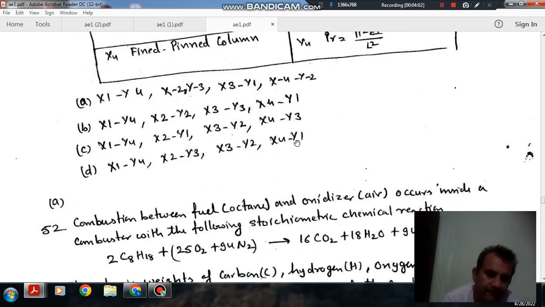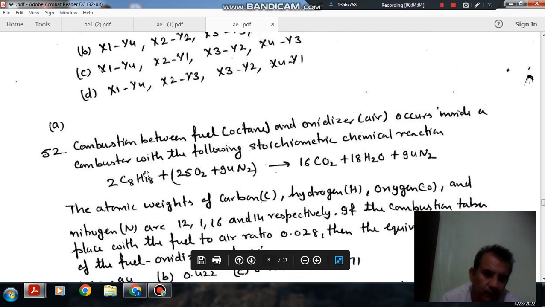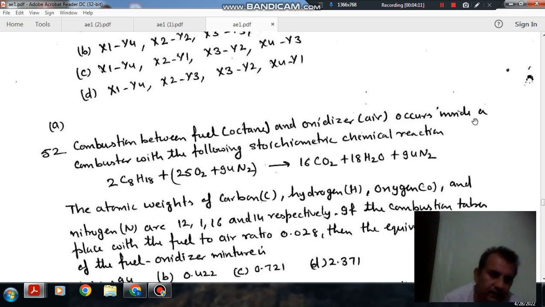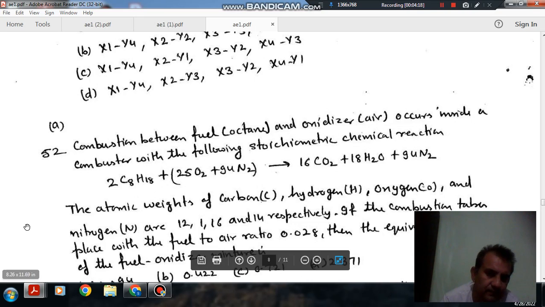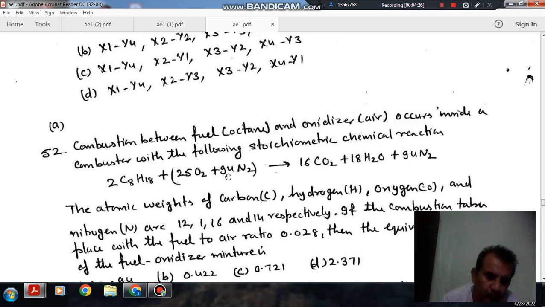Okay. Next, combustion between fuel, octane and oxidizer air occurs inside a combustor with the following stoichiometric chemical reaction: 2C8H18 plus 25O2 plus 94 N2 leads to 16CO2 plus 18H2O plus 94 N2.